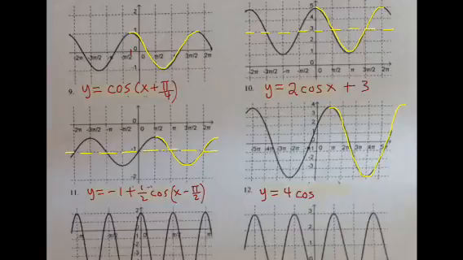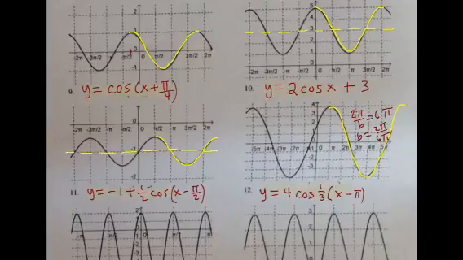So 2 pi over b is 6 pi, so b equals 1/3, because you do 2 pi over 6 pi, 1/3. So it's going to be 1/3 x. Now it's shifted to the right pi units, so you're going to put minus pi.